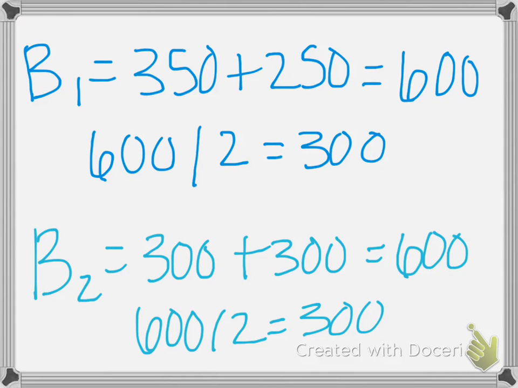So right here, I showed you columns B1 and B2. So 350 plus 250 is 600. 600 divided by 2 is 300. For B2, 300 plus 300 is 600. 600 divided by 2 is 300. That's us finding the average to see if there's a main effect.